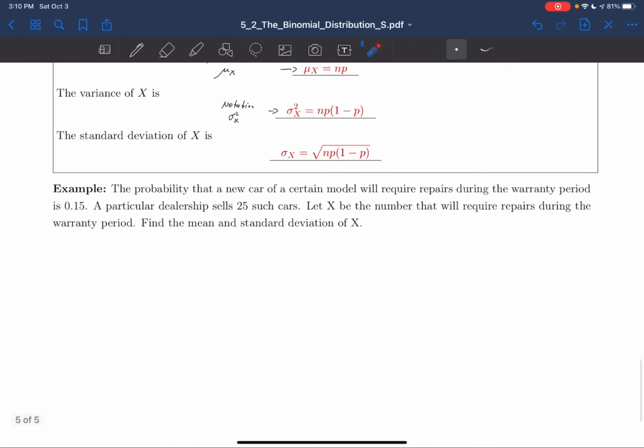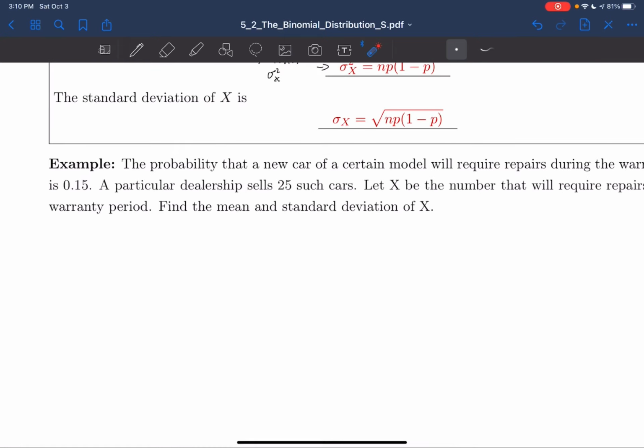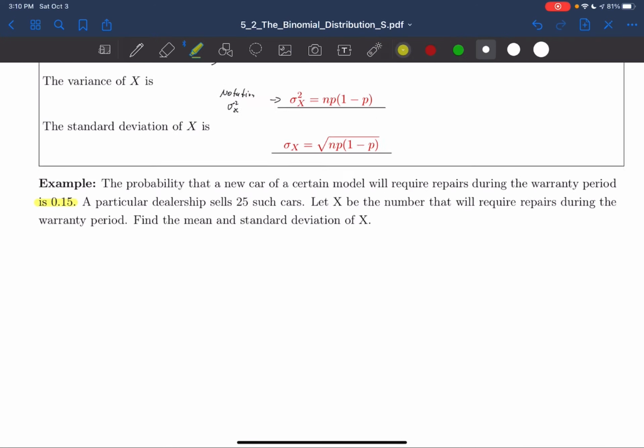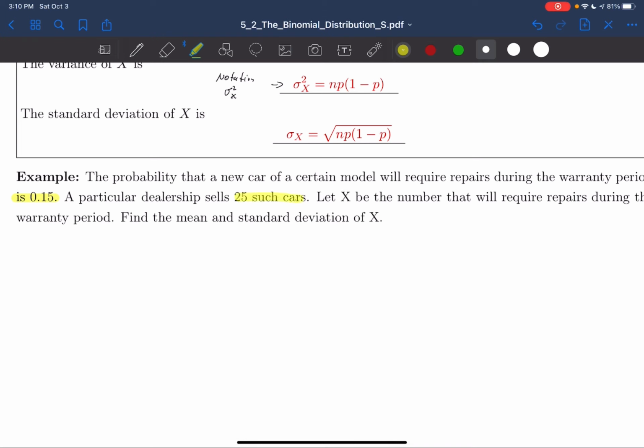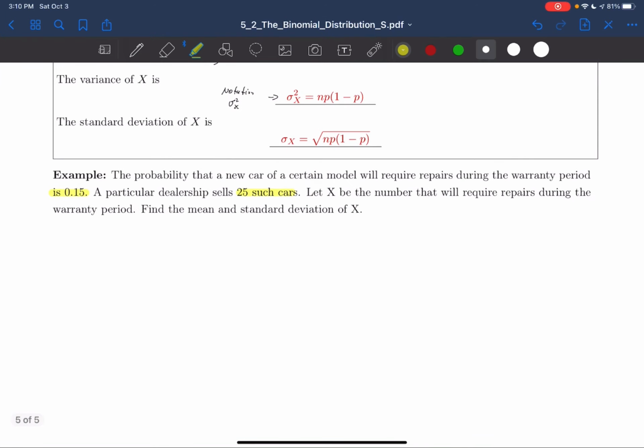So let's do an example. The probability that a new car of a certain model will require repairs during the warranty period is 0.15. A particular dealership sells 25 such cars. So let X be the number that will require repairs during the warranty period.